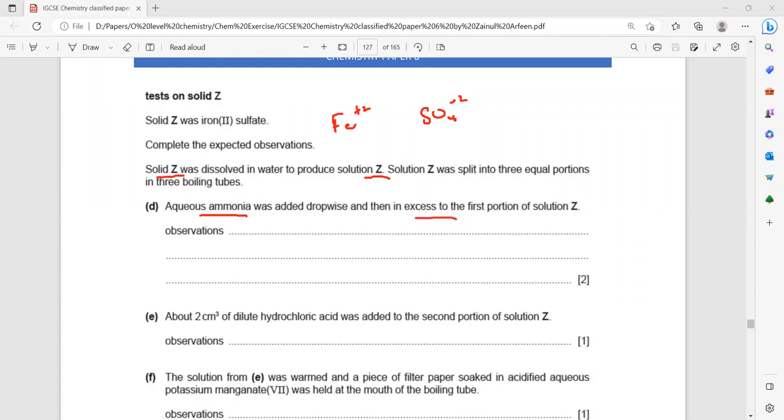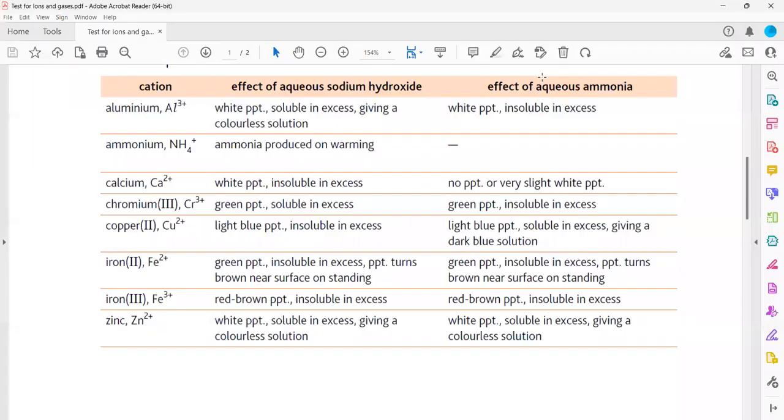If we have iron 2 ion and we add aqueous ammonia, what is the observation? Green precipitate, which is insoluble in excess.